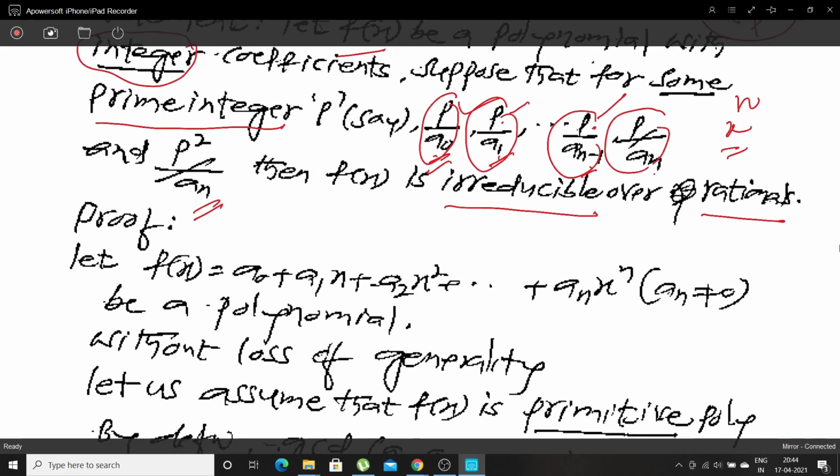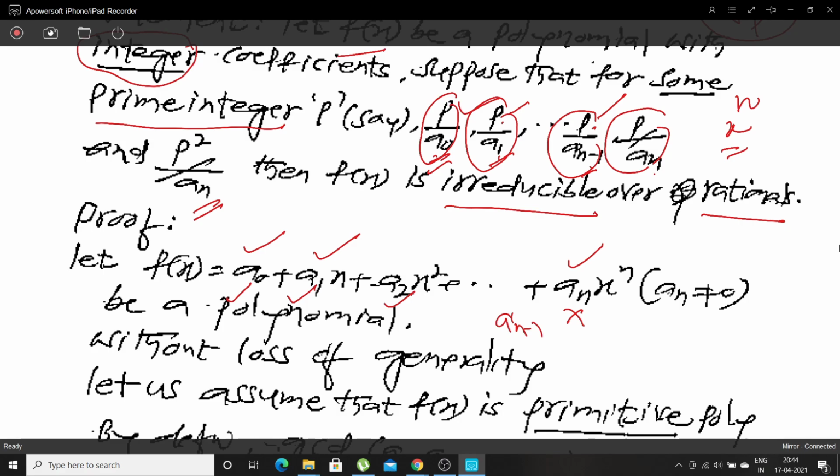Okay, let me take a polynomial and we will denote this polynomial by f of x. A naught is the constant term, the coefficient of x is a1 and the coefficient of x to the power n is an. P does not divide an, but it will divide a naught, a1, a2 up to what? An minus 1.